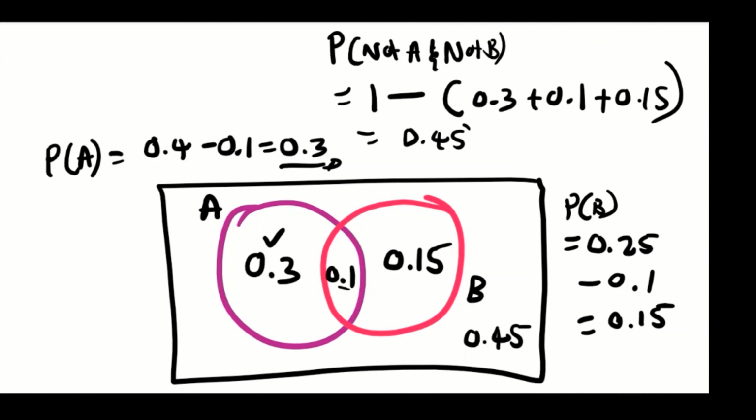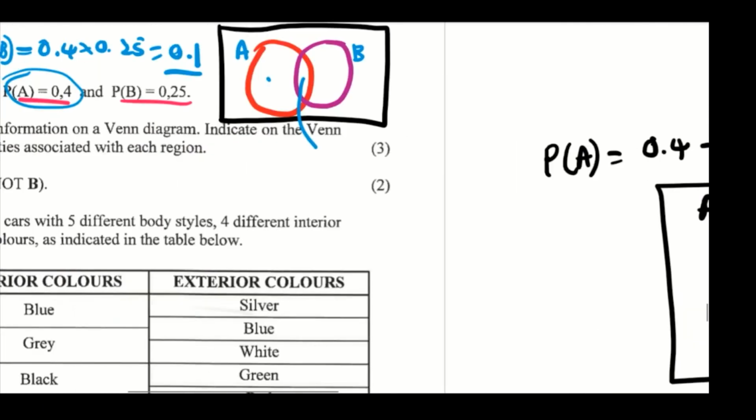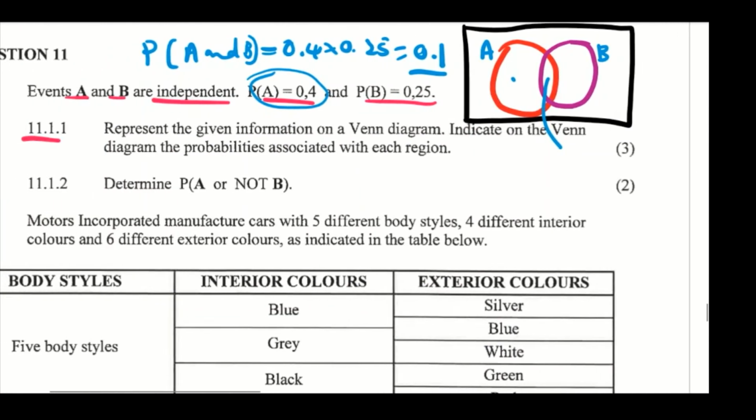Then yeah, we're done for this. And then 11.1.2 says to determine the probability of A not B. So you're just going to say 1 minus the probability of not B, right?